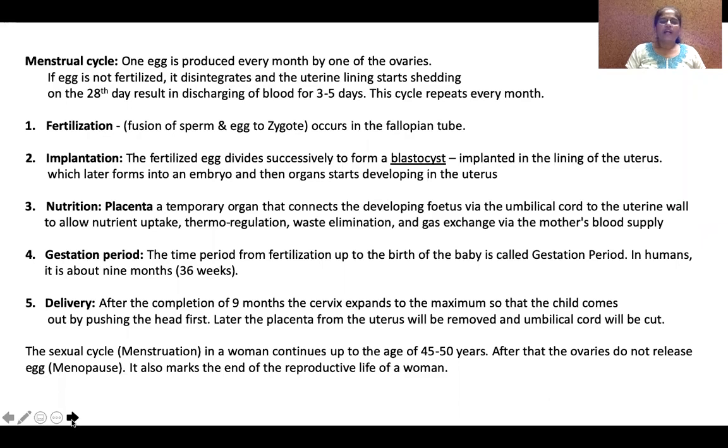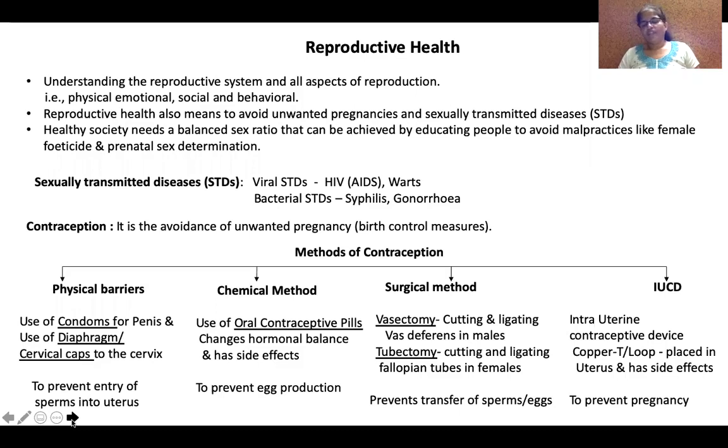Okay, so far we have studied reproductive parts of the males and females and how reproduction happens, starting from release of sperms into the female vagina and then the cycle that we have studied.